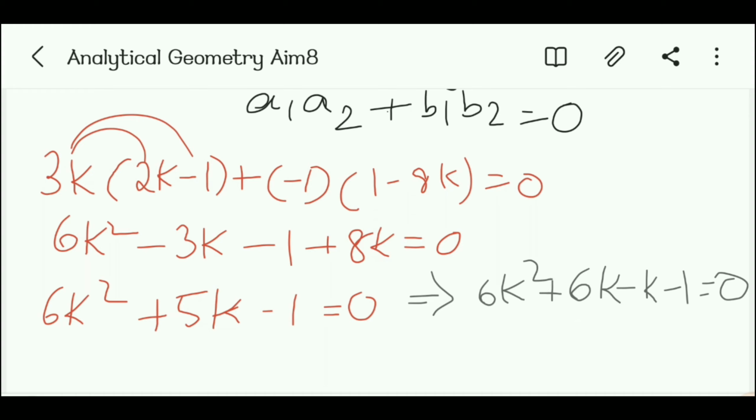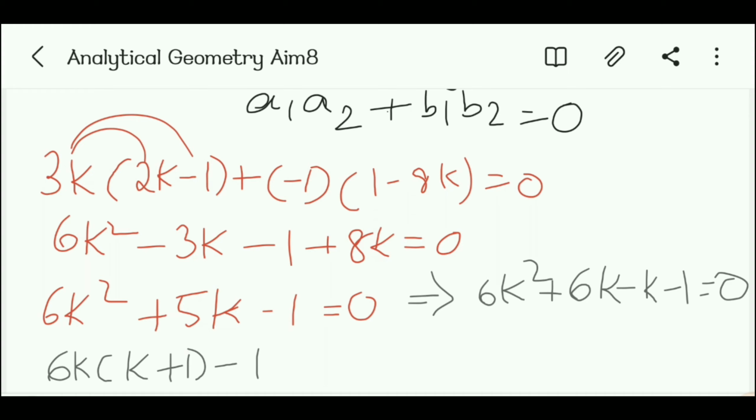Now what we will do is take something common here. 6k square and 6k, what is common? 6k is common, into what is left over: in 6k square, 6k is left out, and here nothing is left out, so you just write plus 1. Now here I'm taking out minus 1 common, because if I take plus, the value will be different, right?